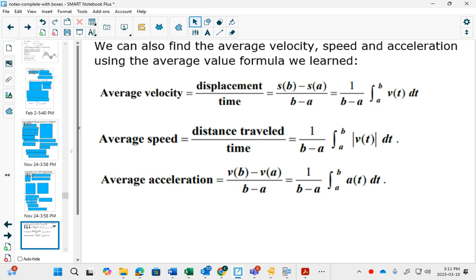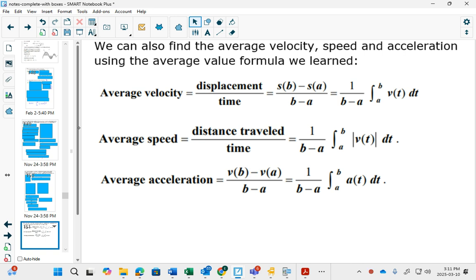Because velocity takes direction into account, and average speed just takes how fast you're going. If I go 100 kilometers an hour in this direction, then 100 kilometers back to where I started, my average speed is 100 kilometers per hour. But my average velocity would be 0 because I'm right back to where I started.